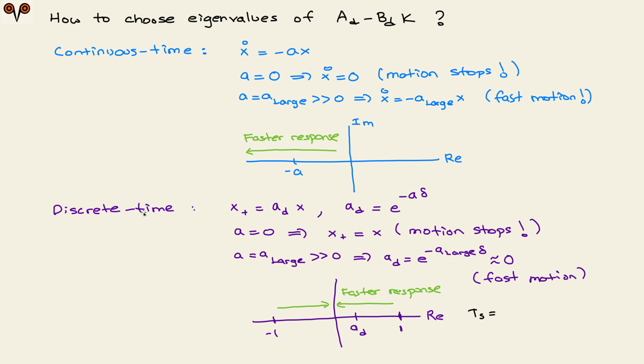Let's say you are choosing one real eigenvalue. Let's say you have x dot equals minus a x. We know that the eigenvalue of this matrix needs to be located on the left half plane for stability of continuous time systems. When a equals 0, x dot equals 0, so motion stops.